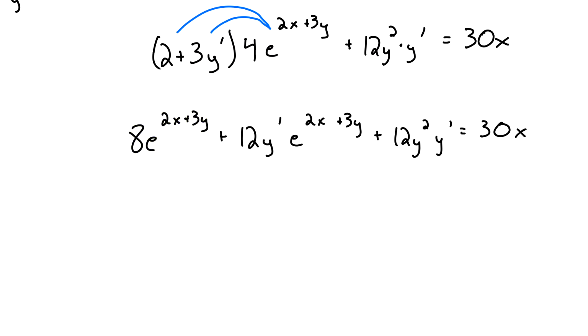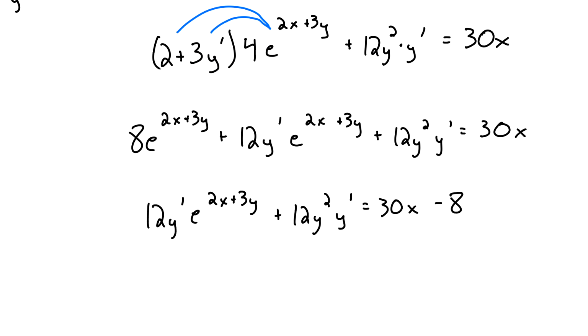So we'll subtract that from both sides, giving us 12y prime e to the 2x plus 3y power plus 12y squared y prime equals 30x minus 8e to the 2x plus 3y power. This looks messy and it looks like there's a lot of stuff going on here, but if we just keep in mind, hey, I want to get y prime by itself, we're actually pretty close to the end of this problem.